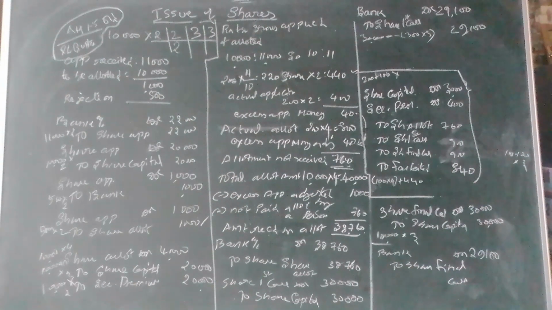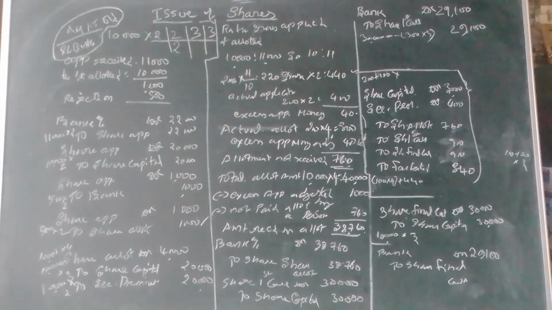Then the usual entries: bank account debtor to share allotment, this is the amount received for allotment. Then first call, what is the amount to be collected, because first we have to pass the due entry, then only we can pass the amount collected. So for 10,000 shares, 3 rupees per share, 10,000 into 3, 30,000 rupees to be collected.